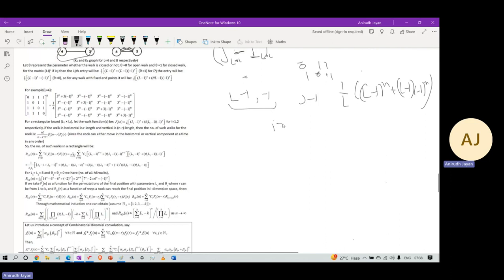For i not equal to j, we have 1 by L times ((L minus 1) power n minus (-1) power n).